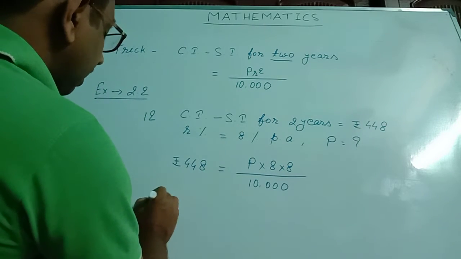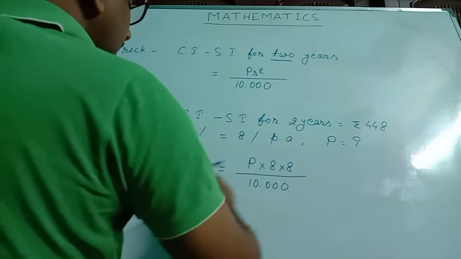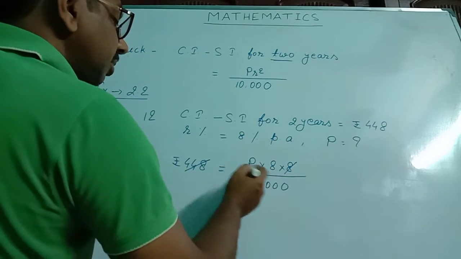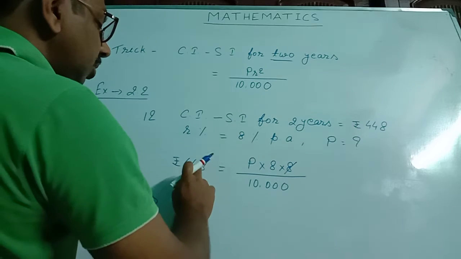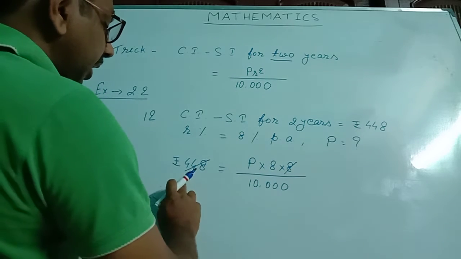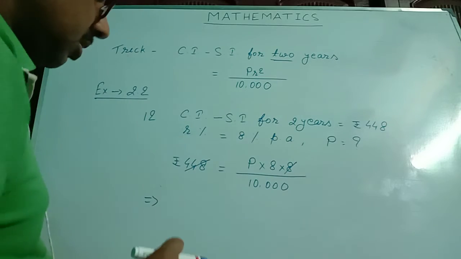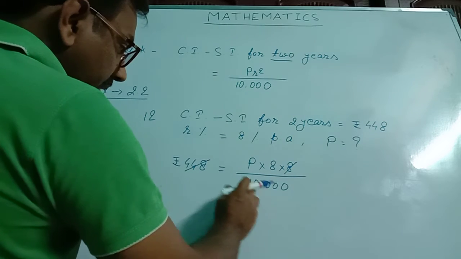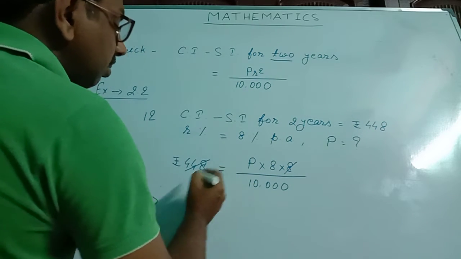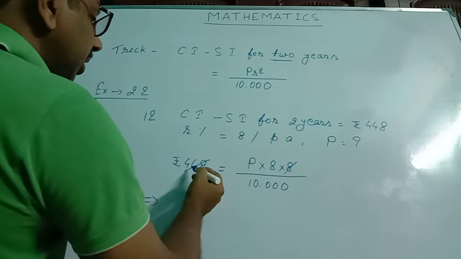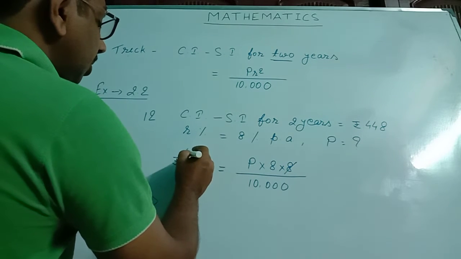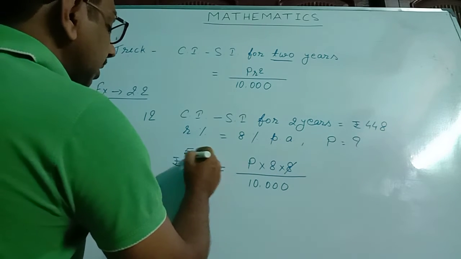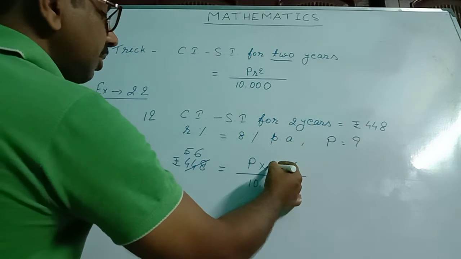Now the simplification of this: 8 5s are 40, 8 6s are 48. We can cut numerator and denominator. In shortcut, we can cut numerator with numerator and denominator with denominator, while these two parts are separated by the equal to symbol. Directly I cut it from here. 8 5s are 40, 8 6s are 48. One more is left.